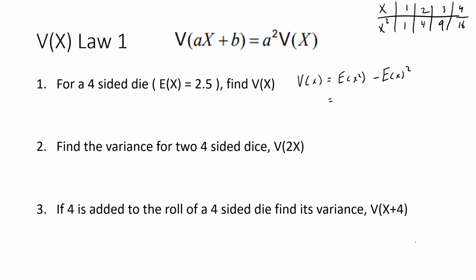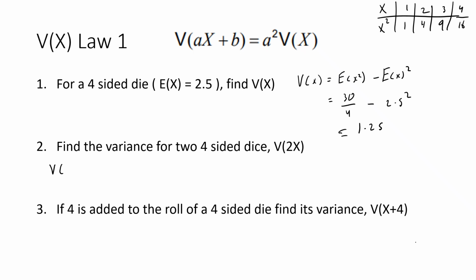So 30 divided by 4 minus 2.5 squared, and that should give us 1.25.